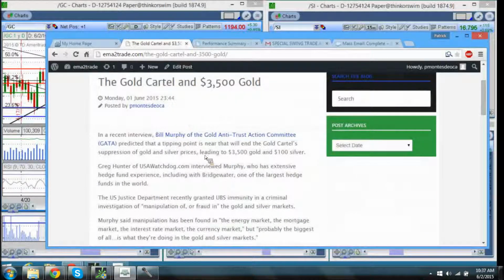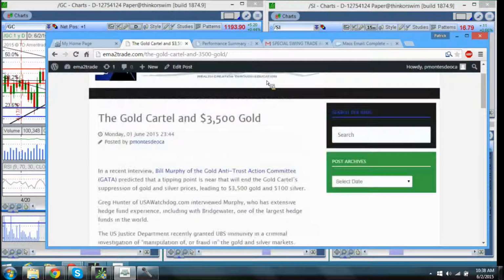It's a recent interview done with Greg Hunter and Bill Murphy, in which he discloses the fundamental situation in the gold market. He talks about the gold cartel suppression of gold and silver prices, pointing to $3,500 gold and $100 silver. You can read it in your own time.